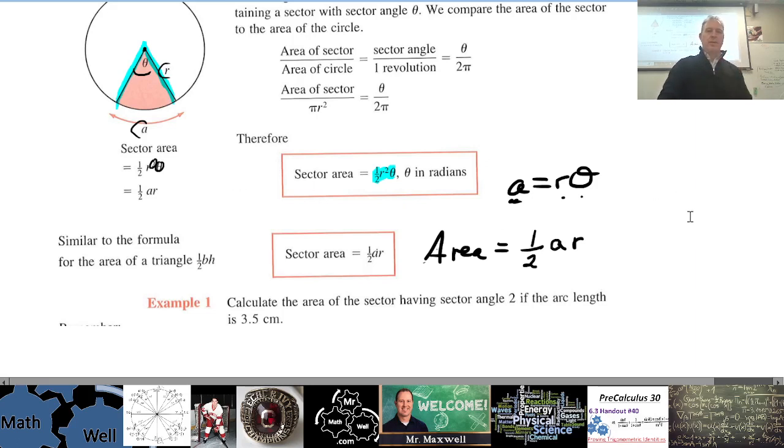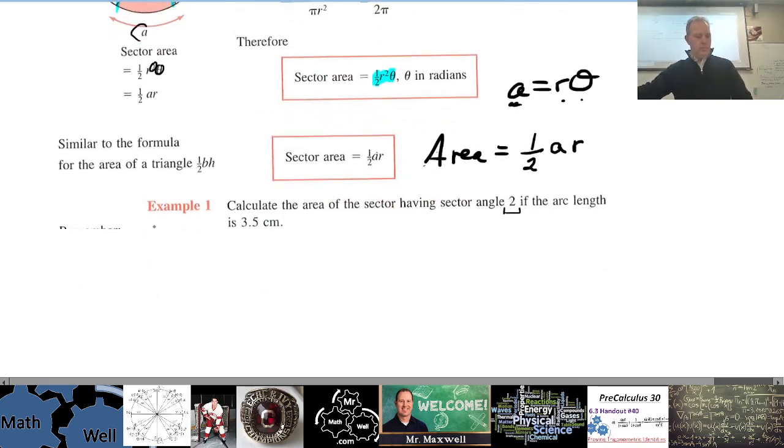Calculate the area of a sector with an angle of 2. That would be radians, and our theta does have to be in radians. The arc length is 3.5 centimeters. So the sector area is 1/2 A r, and A equals r theta.